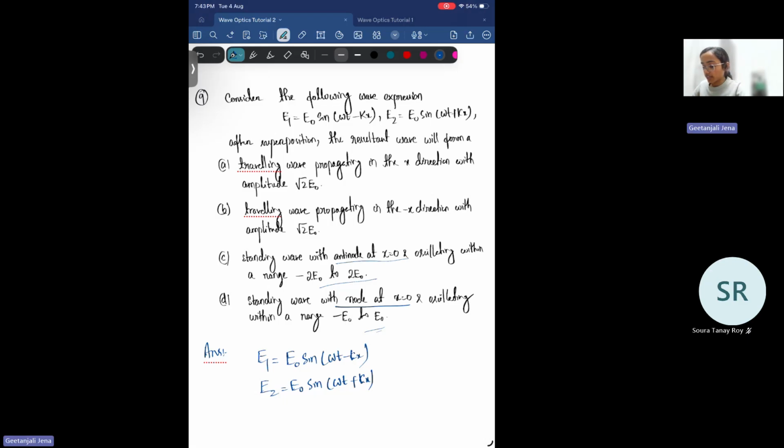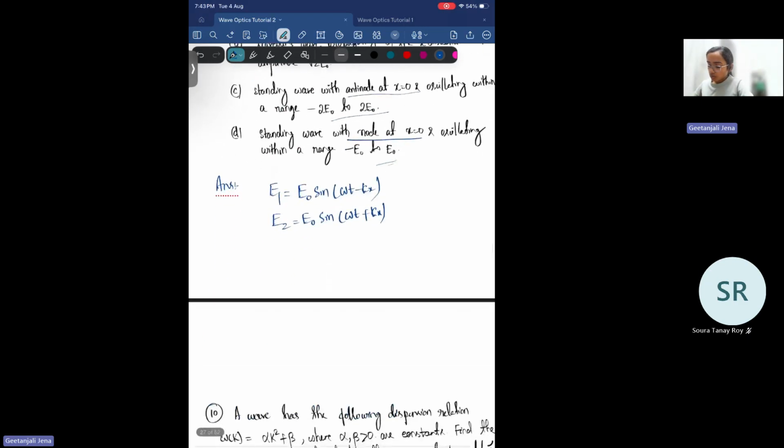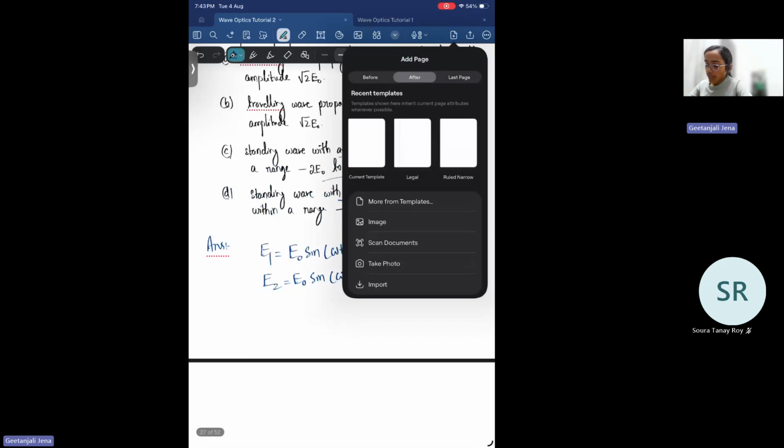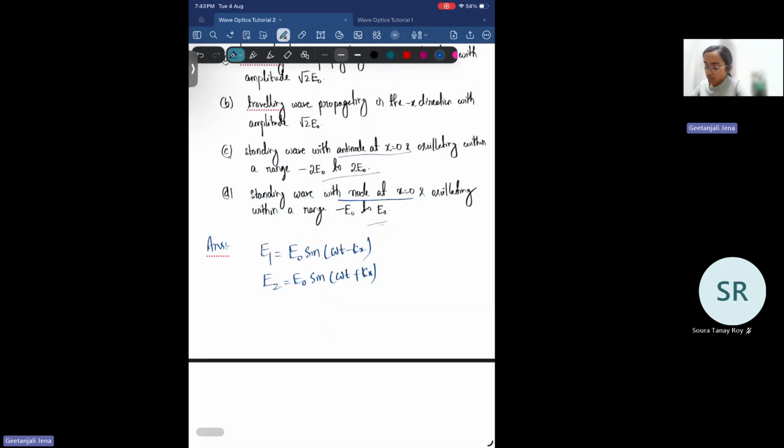Okay, so to get the range, you need to find out what is the final expression for the composite wave. So what I mean is that we have E1 and E2. We just need to add these two terms and follow the same steps that have been covered in the lecture. So this is E0 sine omega t minus kx, let's say this is alpha. This is sine beta.